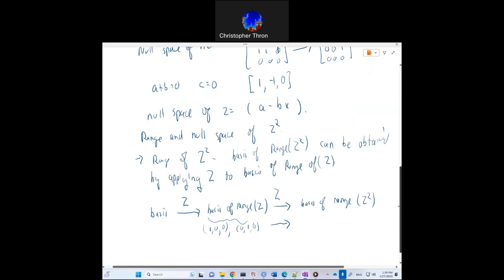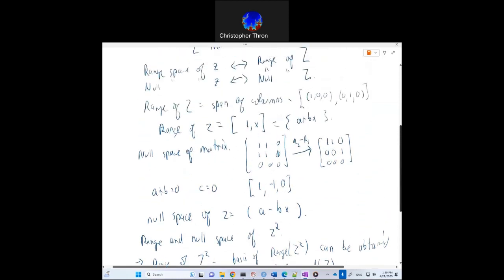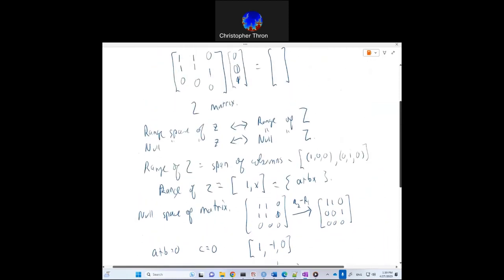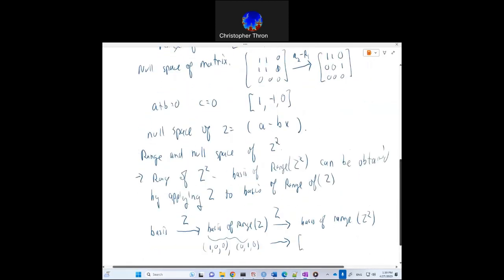So if I apply z to this column vector, it's going to give me the first column of z. If I apply 1, 0, 0 to this matrix, I'm going to get 1, 1, 0. And if I apply 0, 1, 0 to this matrix, I'll get the same vector, 1, 1, 0.